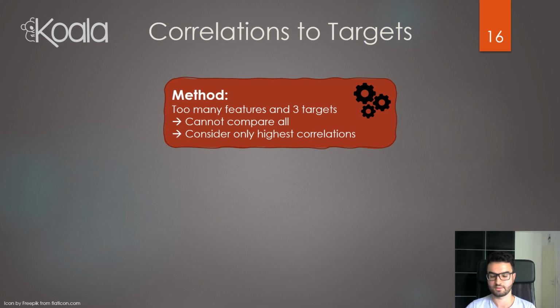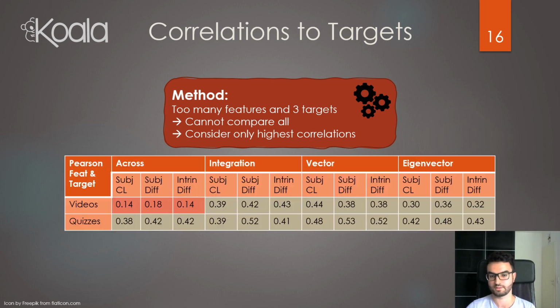So what we did as a start was just to look at the highest correlations of some feature towards these 3 targets within our cases: across videos, within the integration topic, within the vector topic, and within the eigenvector topic. And what we see here is that the correlations are overall quite good, right? We have values up to 0.53 actually, and many around 0.4. But for the across video cases, even the highest correlations are still pretty bad, 0.14 to 0.18. So this suggests that it will be much harder to predict this case.